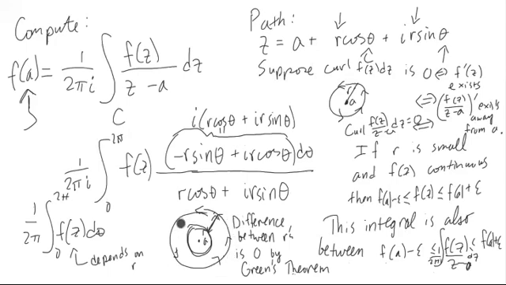We've actually created a loop. And in that loop, the curl is 0 all in here, inside here. Maybe there's a problem at a since that's not in the domain, but right in here, the curl's all 0. So that means that this line integral of the loop is just 0. And right here, you get cancellation going back and forth on the same path. So what that means essentially is that this line integral and this line integral have to be the same thing.